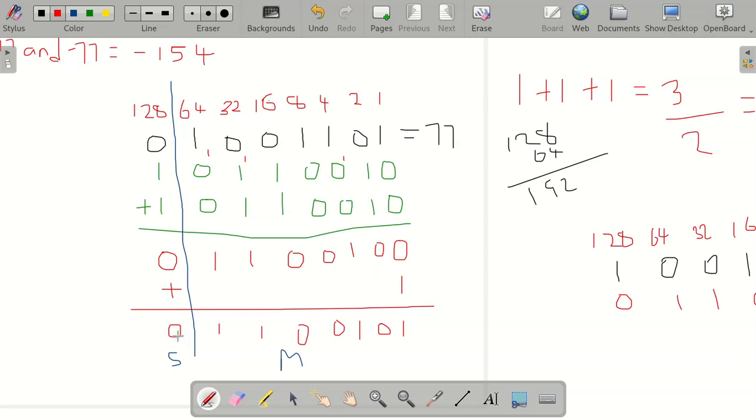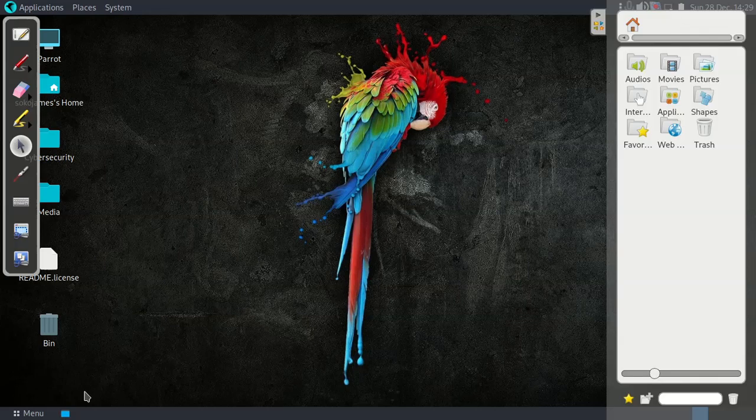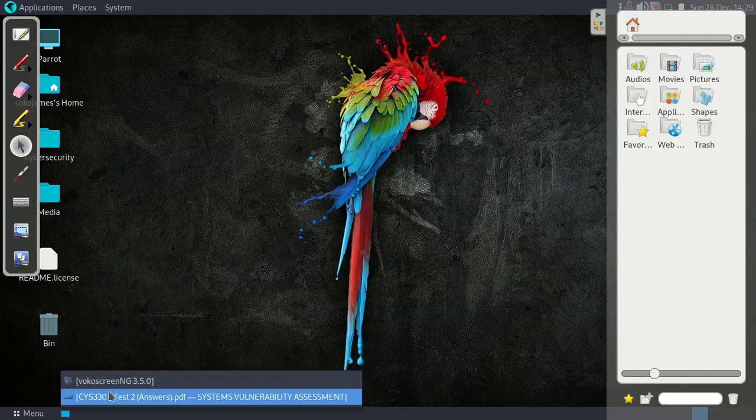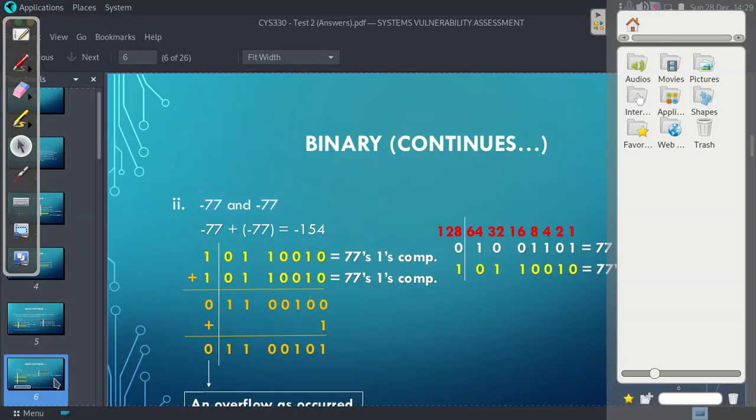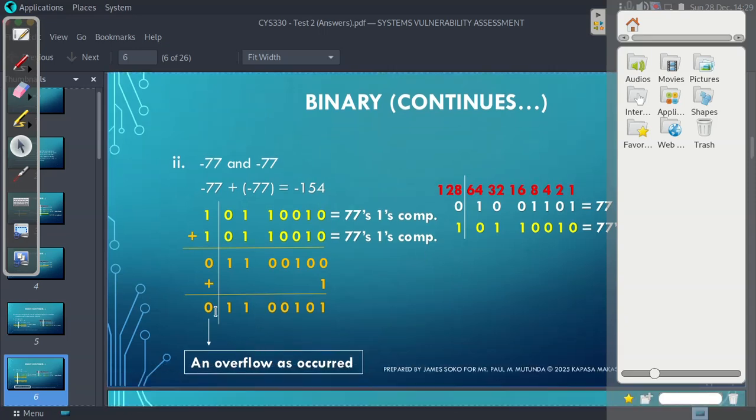So we have the answer 0 1 1 0 0 1 0 1. Now here we can see we have 0 1 1 0 0 1 0 1, and we are saying an overflow has occurred.